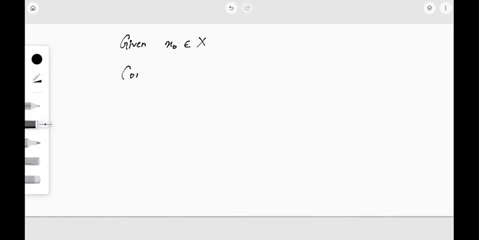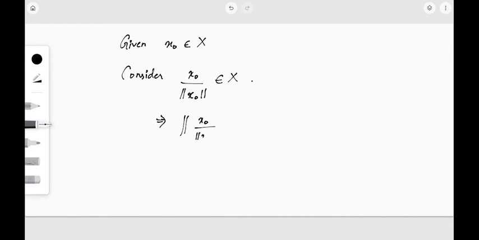I am going to consider x dot by norm of x dot. This is also an element of x. Now what does the norm of this element be?